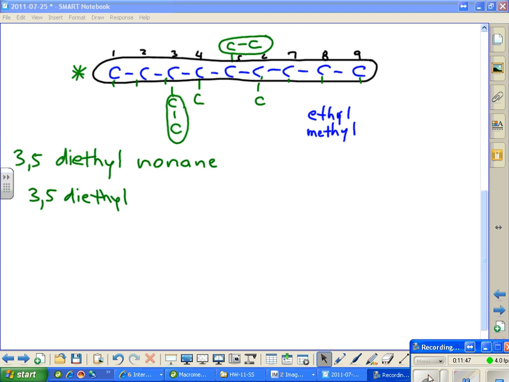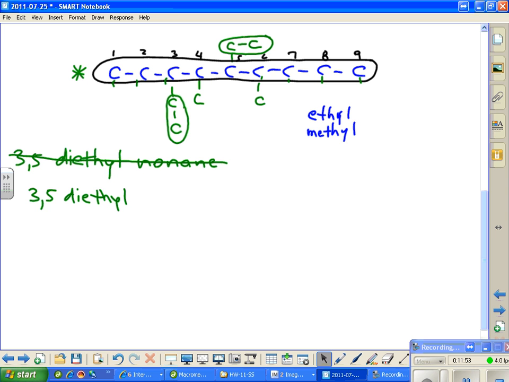When I did my first naming on this, I'm actually going to get rid of that because I left out my methyls, and you can't do that. So this is 3,5-diethyl. We're okay at that point, but now we've got to do the methyls. So the methyls are on what 2 carbons? 4 and 6.